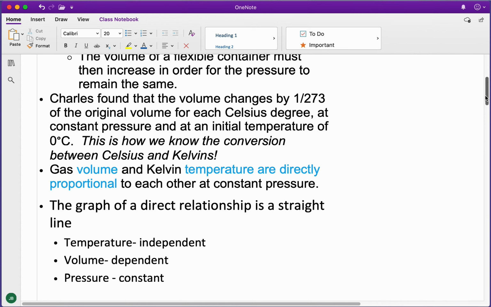If it's given to you in degrees Celsius in the problem, you need to go ahead and convert that using that 273.15 to convert those degrees Celsius into kelvins. Volume, on the other hand, once again, can be in milliliters or liters, just as long as both volumes are in the same unit.